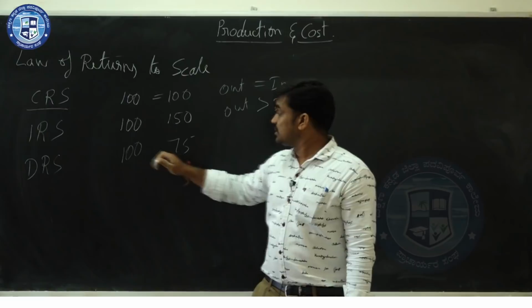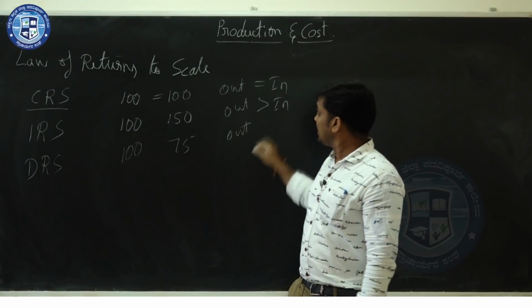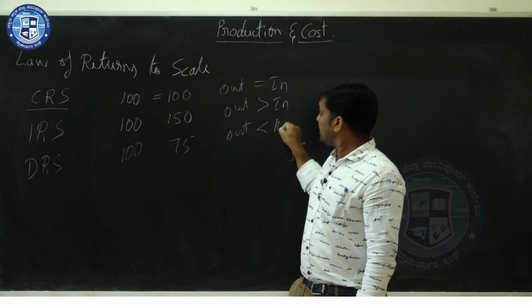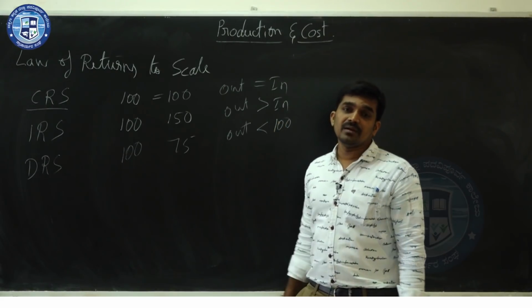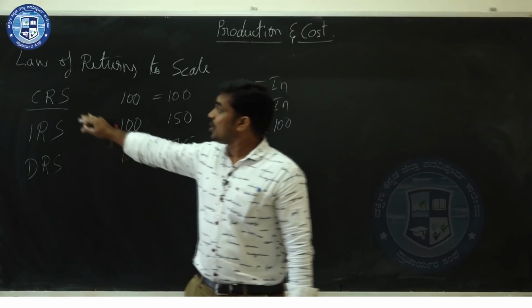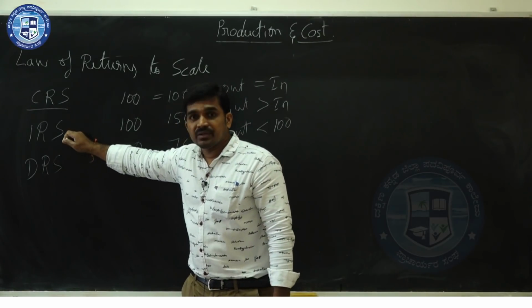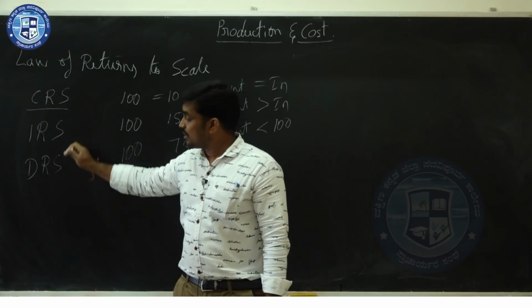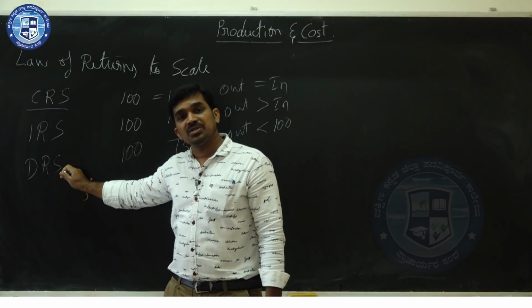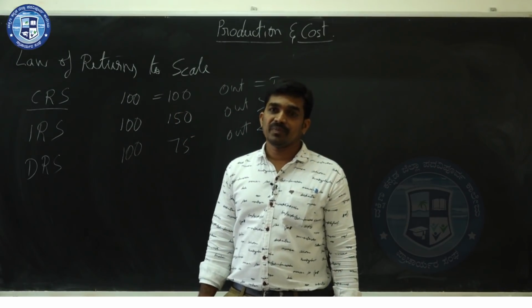And in the third stage, output increases 75 and input is 100, so output is less than input. Okay. So remember, constant return to scale is the same proportion, increasing return to scale is a higher proportion, and decreasing or diminishing return to scale is a lesser or smaller proportion.